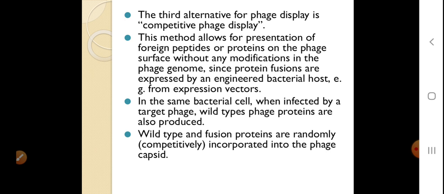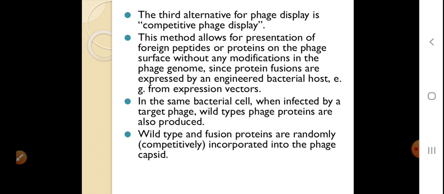Now what happens? In the same bacterial cells, when infected by a target phage, wild type phage proteins are also produced. So both the wild type and your targeted protein-carrying phage are allowed to propagate in the bacterial cell, right? Now there is a competition between these two. Wild type and fusion proteins are randomly incorporated into the phage capsid. That is why it is called competitive phage display.